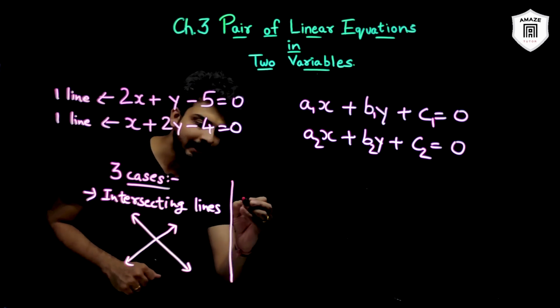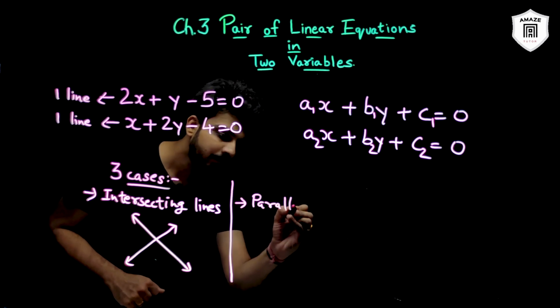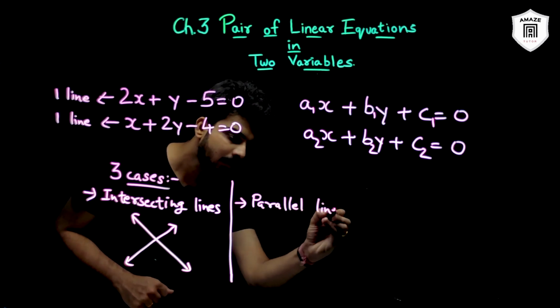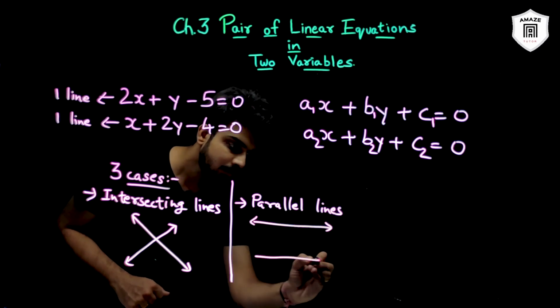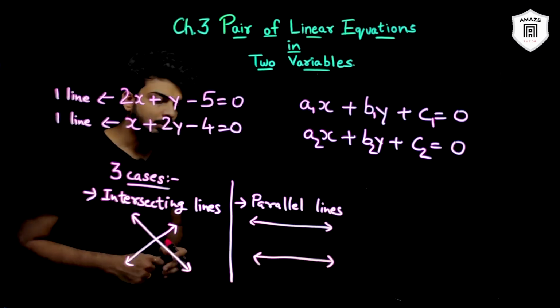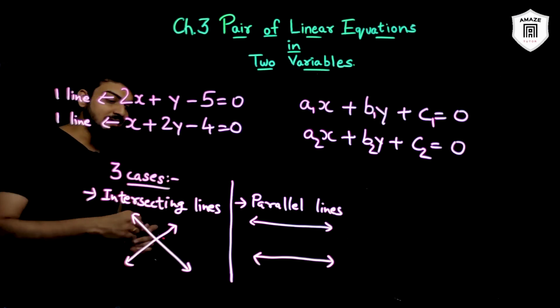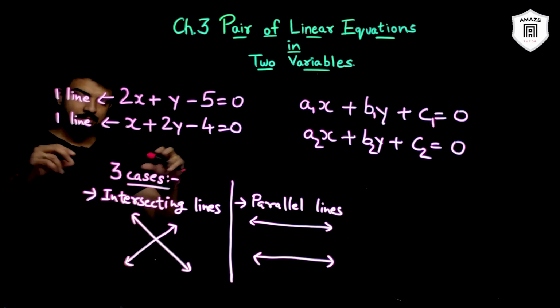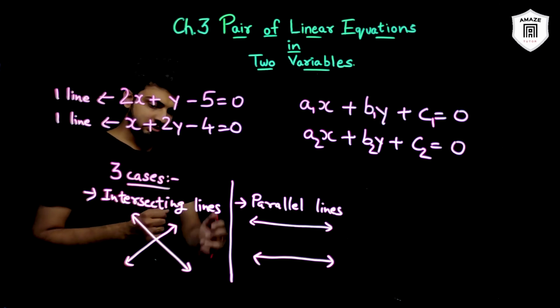Second case, what we can have? Parallel lines. So obviously, if two lines are there, we can have one of the cases as parallel lines where they do not meet at any point of time, right? Okay, so this is the second case.